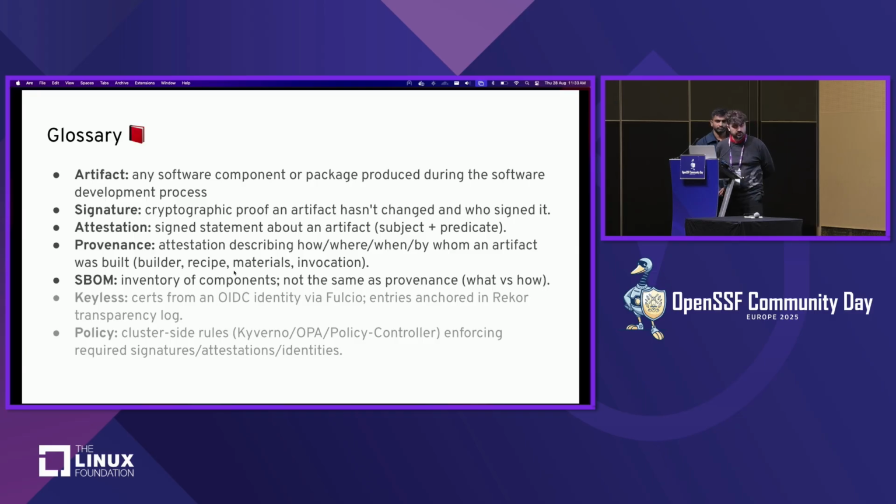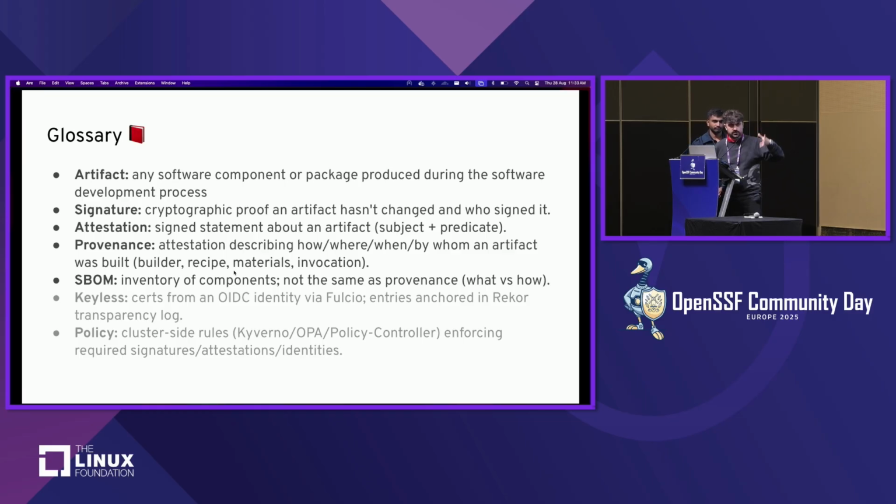Then signature, which is cryptographic proof that an artifact has been signed and by whom it has been signed. Then the attestation, which is some metadata attached to an artifact, how it was built, by whom, etc. And it should be signed as well.